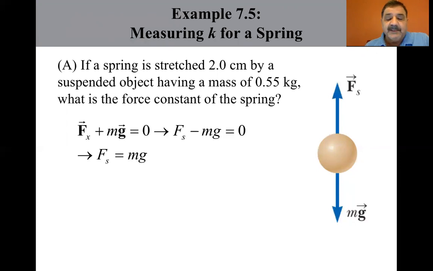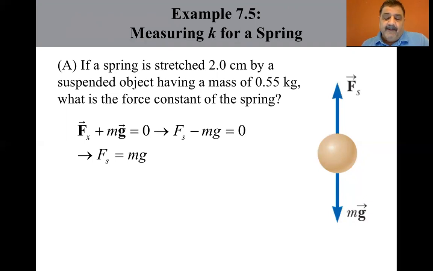They have F sub x, but it should be F sub s. F sub s plus mg equals 0. Now, you end up with Fs equals mg, but Fs also equals minus kx. We'll just use the kx. So mg equals kx.